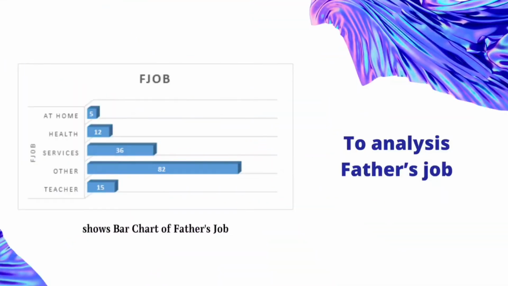This bar chart shows the students' fathers' jobs in the Portuguese language course. As you can see in the figures, the highest are working other jobs, consisting of 54%. The second highest is fathers that took a service job, which is 24%, consisting of 36 people.